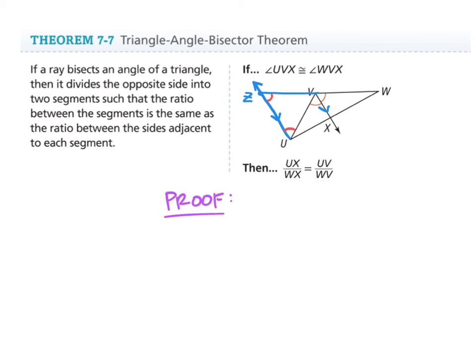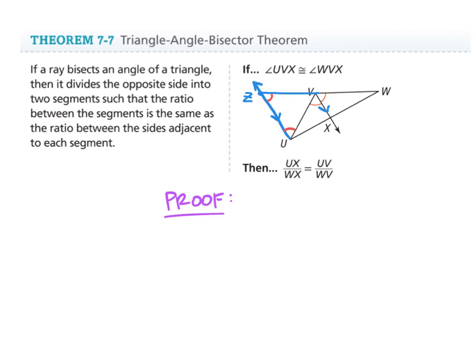So now we'll notice that when I added these two lines, it created the situation that the side splitter theorem describes, where I have a segment parallel to one side of a big triangle, triangle ZWU. This segment is parallel to one side of that larger triangle, and so that tells us that ZV over VW should be proportional to UX over WX.